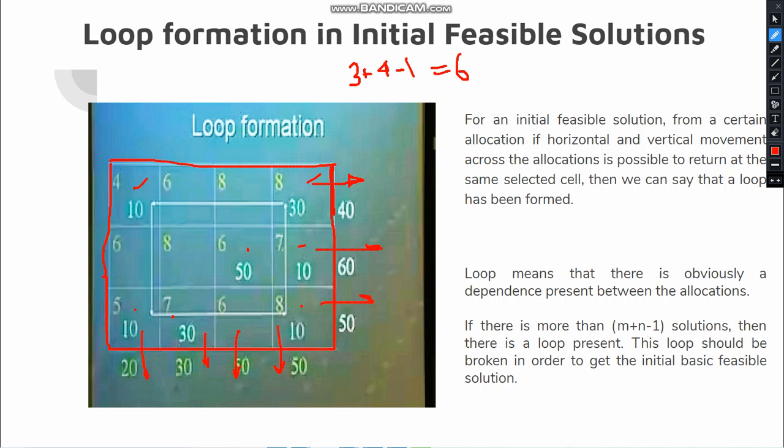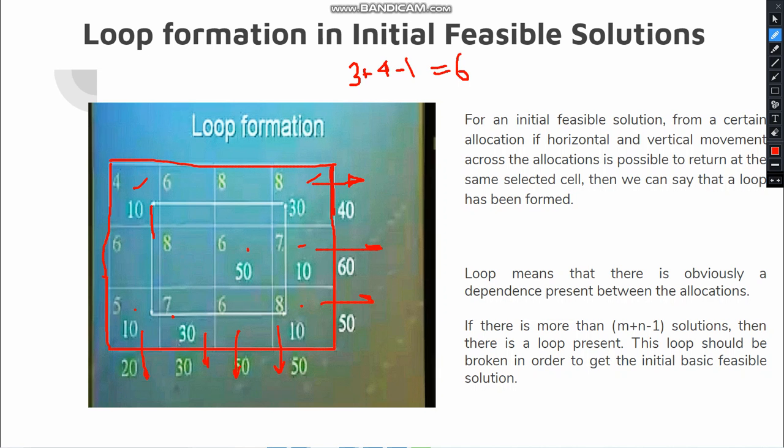How do we understand that there is a loop? The number of allocations is greater than m plus n minus 1. Either way you can also find a loop, but that is from the geometrical perspective, which I'll be saying afterwards. But whenever you see that there are more than m plus n minus 1 allocations, you have to be 100% sure that there is a loop present. Now what do you mean by loop? You have to start from a certain allocation.